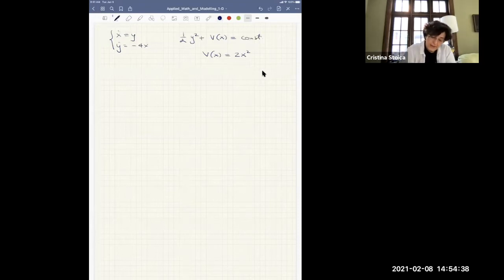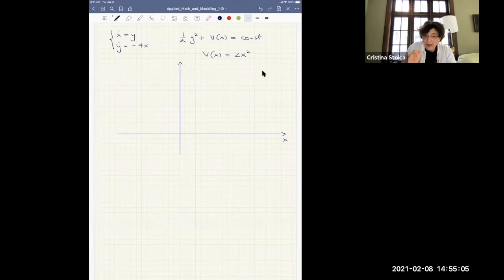Last time we said, look, if we know V of x, and we are dealing with one of these 1D systems, we can actually determine how big or small x can be. I call those the regions of motion.